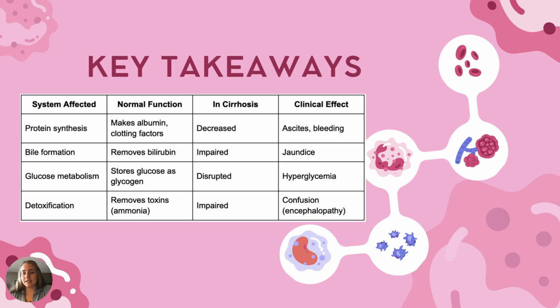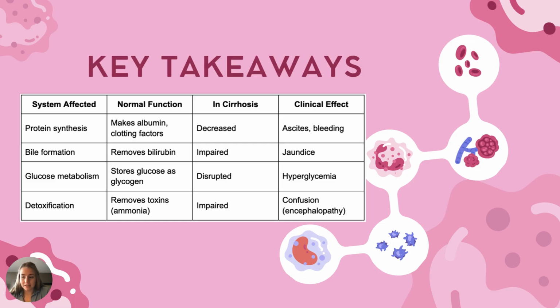So here is a summarization of the key takeaways. To summarize, cirrhosis affects nearly every system in the body because the liver plays such a central role in metabolism, detoxification, and protein synthesis, which we wouldn't really think it does, but it really is connected to everything in the body.